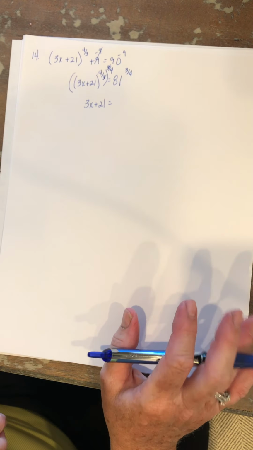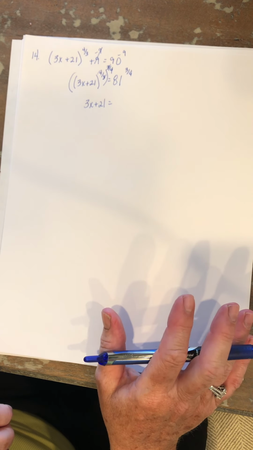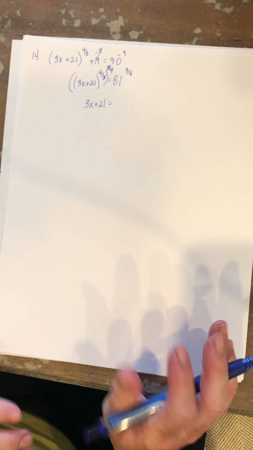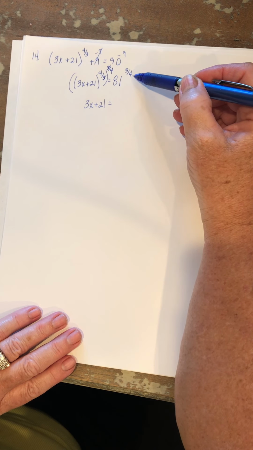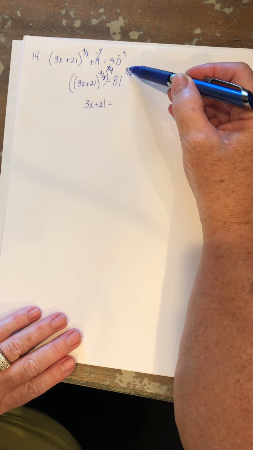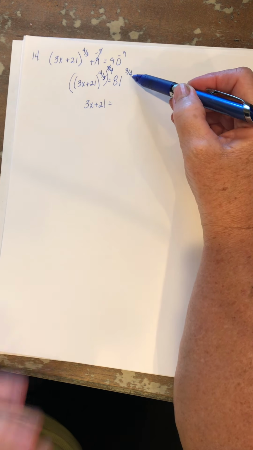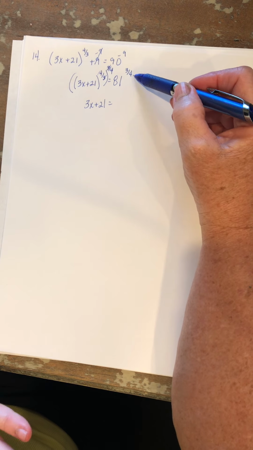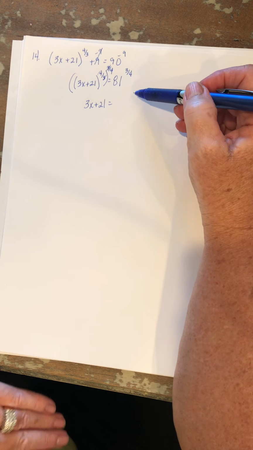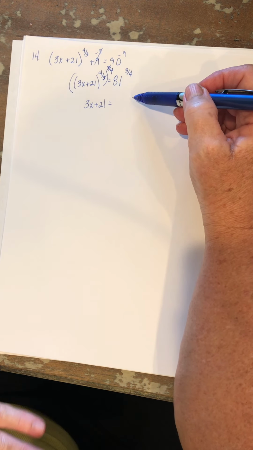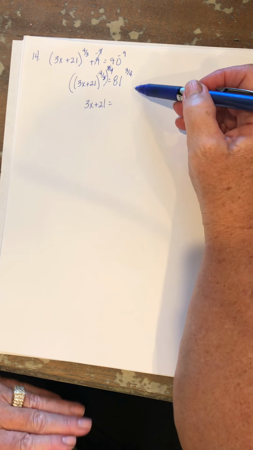Okay, so if you remember about rational exponents, those are fractional exponents. Roots grow on the bottom, powerful things are on top. So this is my root and this is my power. Always try to take your root first. So we're going to take the 4th root of 81. Remember, a 4th root is like backwards from a 4th power.